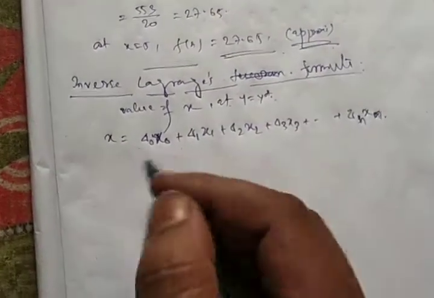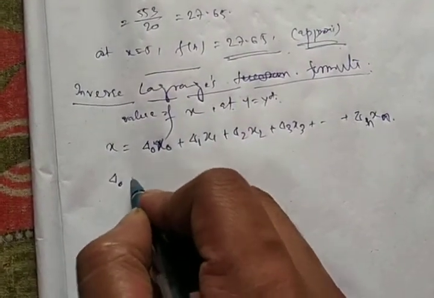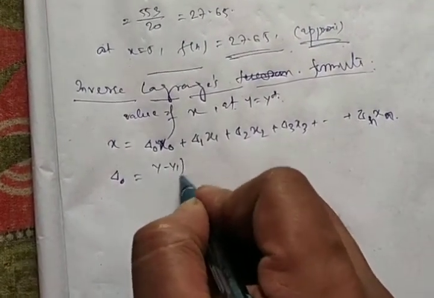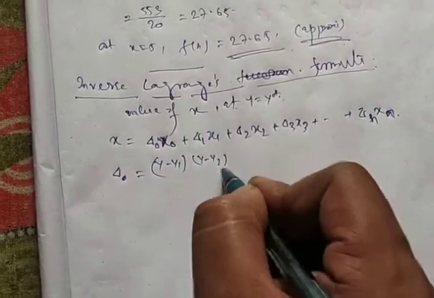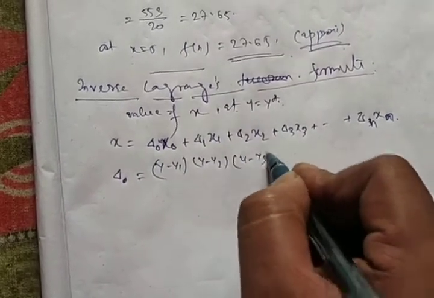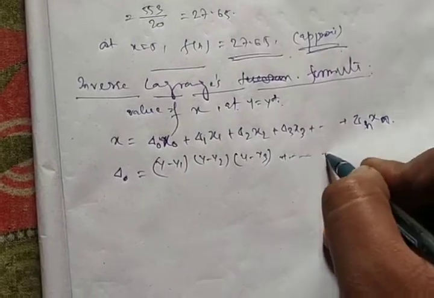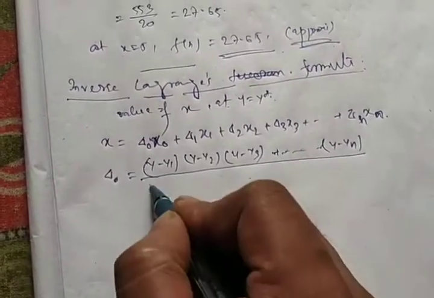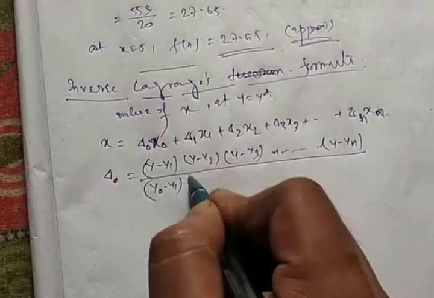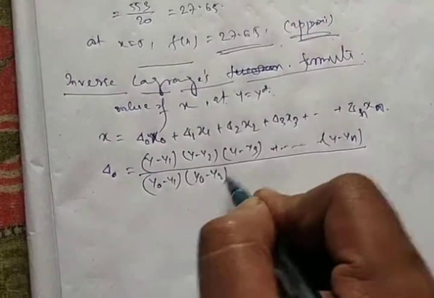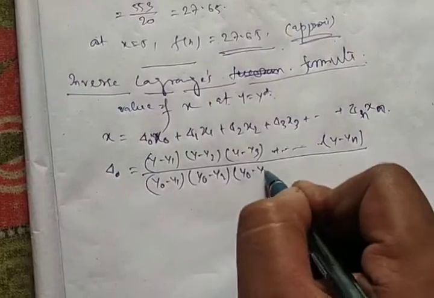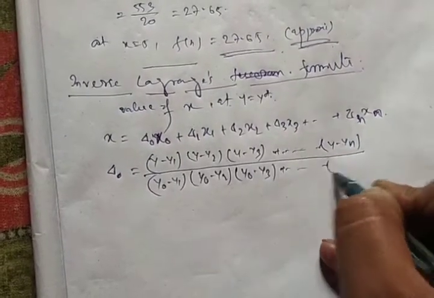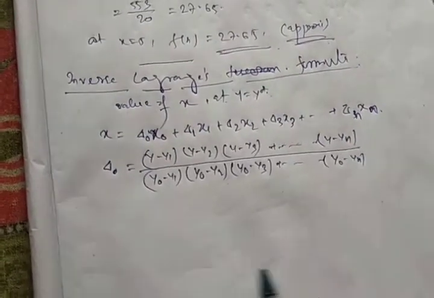Okay, so where delta 0 will be y minus y1, y minus y2, y minus y3 up to y minus yn divided by y0 minus y1, y0 minus y2, y0 minus y3 up to y0 minus yn.